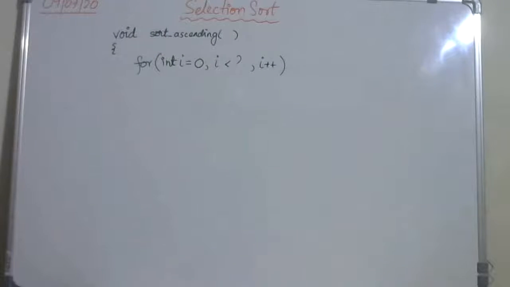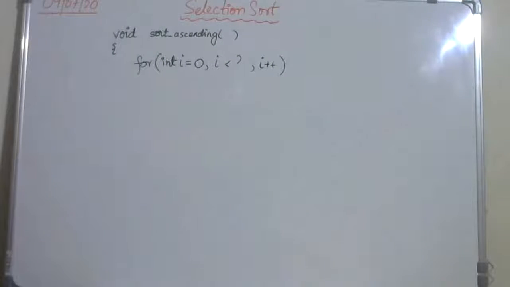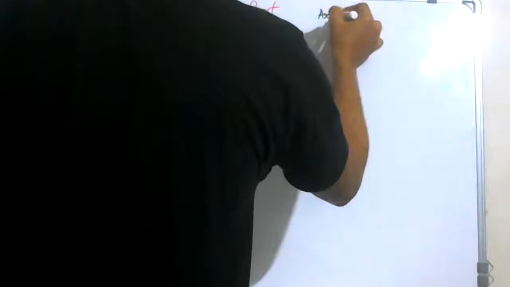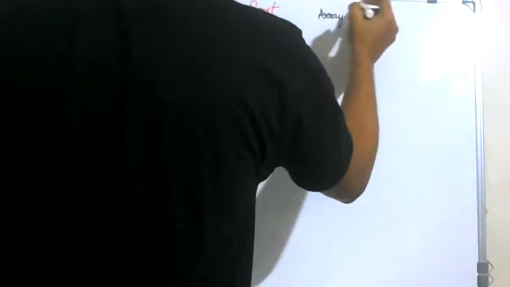If you put a wrong value there, you'll get wrong outputs. You might get a half sorted array, or you might get an error. This is a type of runtime error.